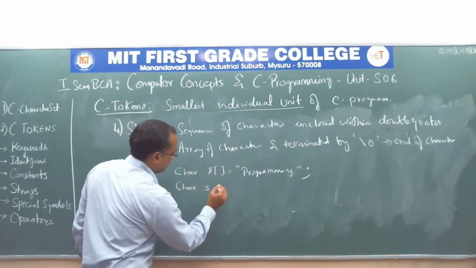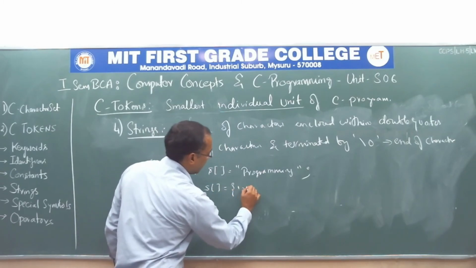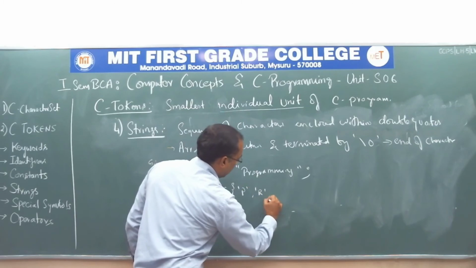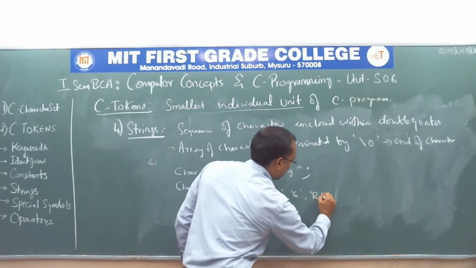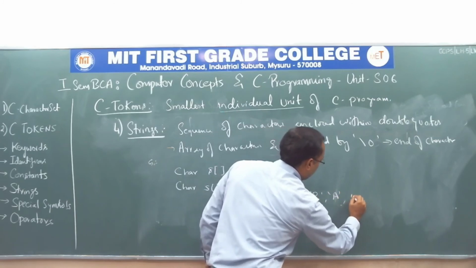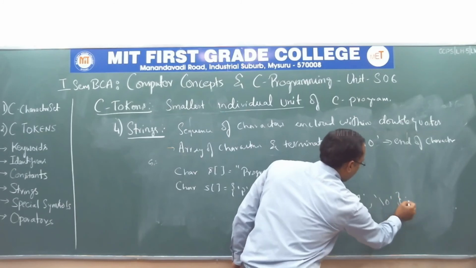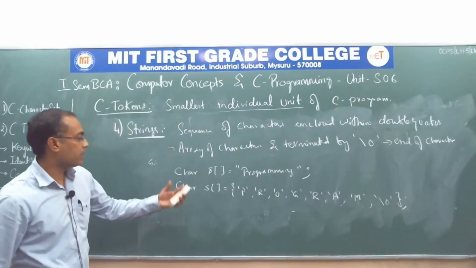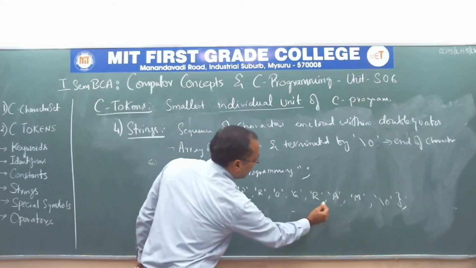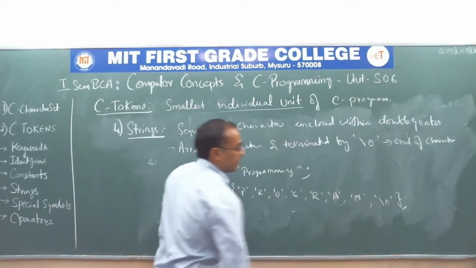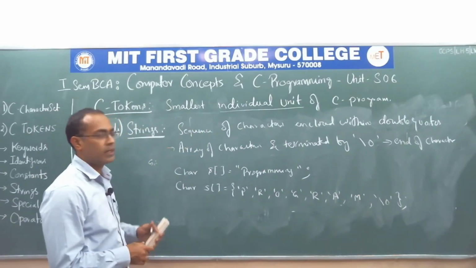You can also do it in this way, initializing P R O G R A M and just using the word program. In this way also you can initialize a string, which is nothing but a sequence of characters terminated by a special end-of-string character. So this is all about strings.